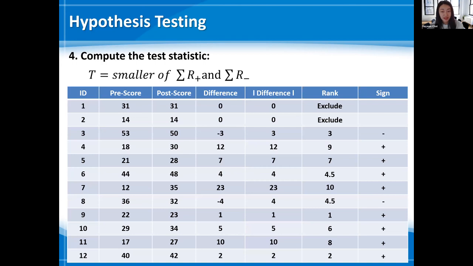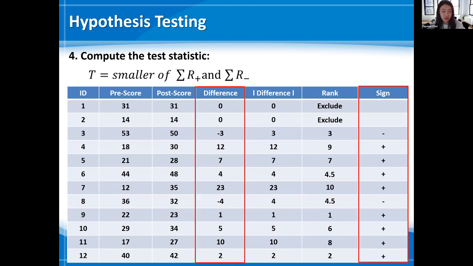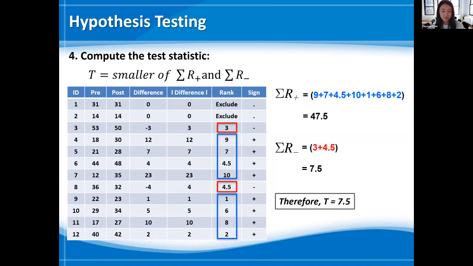Before computing the test statistic, we should apply the sign back to each rank. If the original difference is negative, then the rank is going to be negative. And if the difference is positive, then the rank stays positive. Let's take a look at how to calculate the test statistic. Because the size of the sample is small, we just need to add all positive ranks and negative ranks separately.